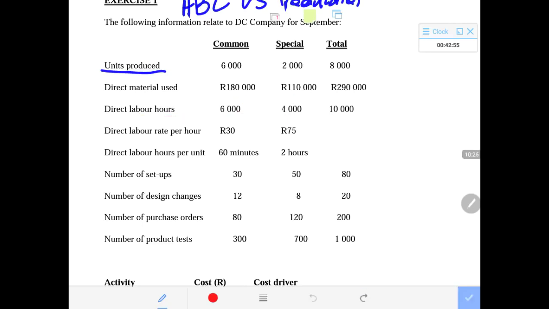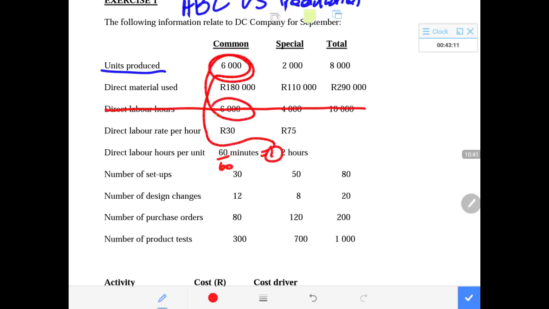However, if this total direct labor hours was not given, and you are given the number of hours to complete one unit, you could have said 60 over 60, and this will be 1 hour. 1 hour times by the number of units manufactured will give you the number of labor hours it will take to complete the 6,000 units.